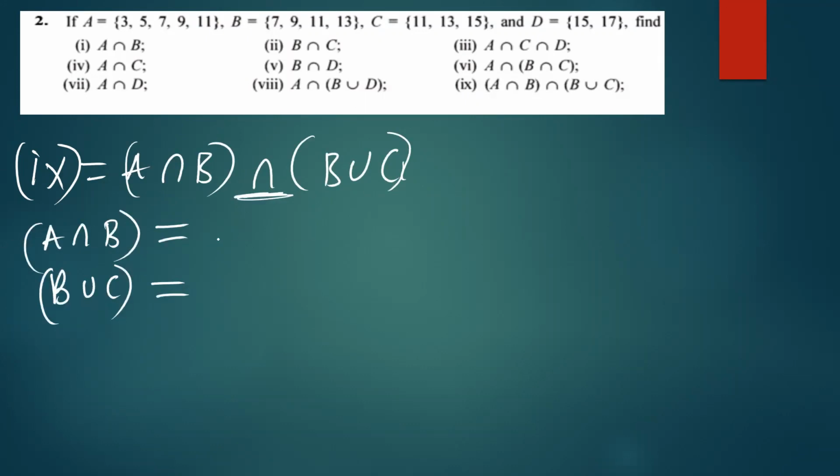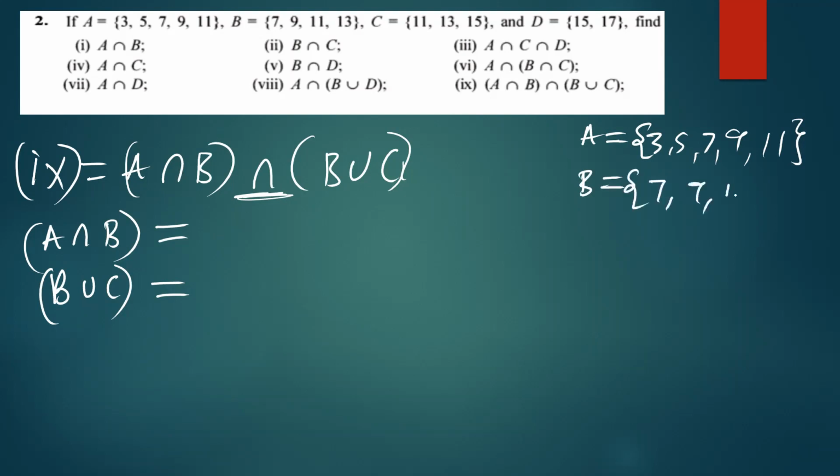A intersection B is simply the common elements between A and B. We know that A is 3, 5, 7, 9, 11.